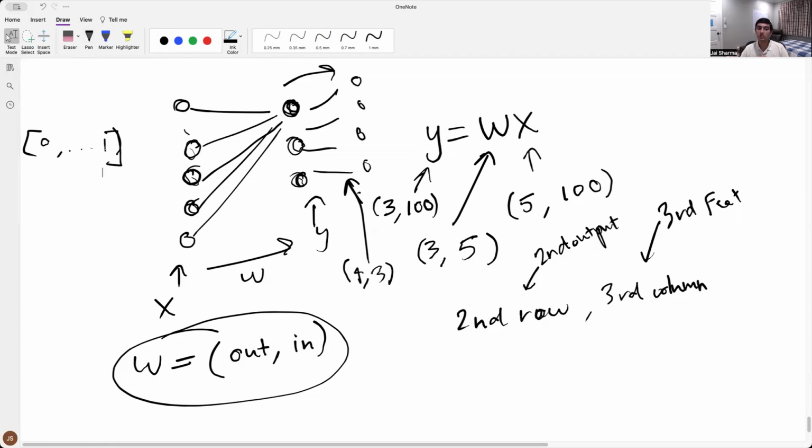And that's because of a symmetry problem. You can work this out yourself, but if everything was initialized to 0, then the computation for this would be the same as the computation for this, and the same as for this. The point of a neural network, as I said before, is that we're doing some internal computation to do some feature processing.